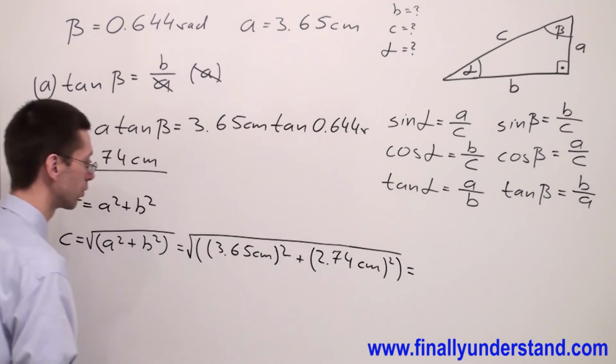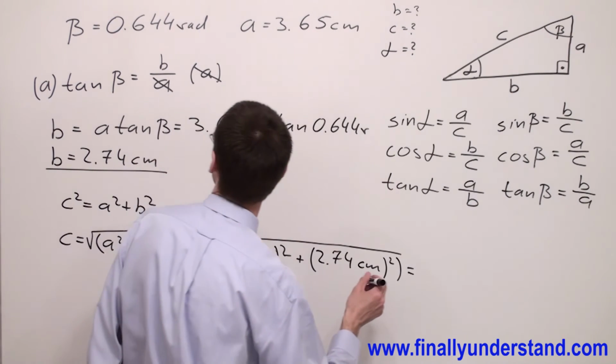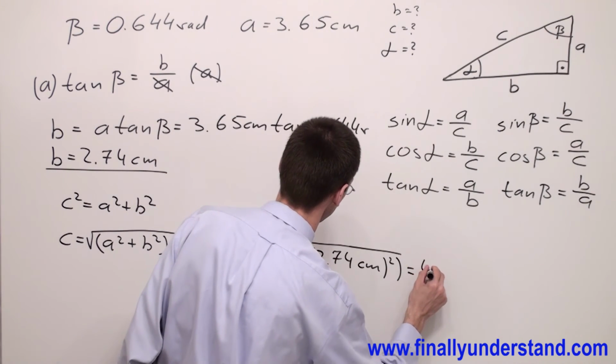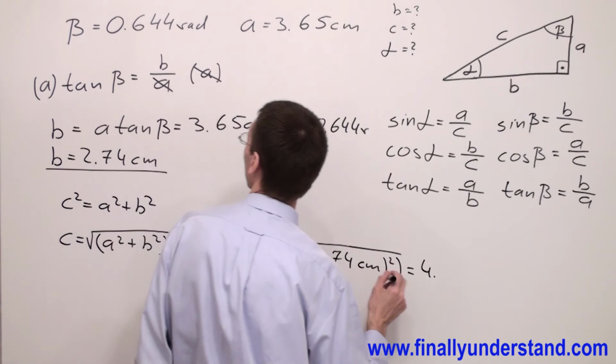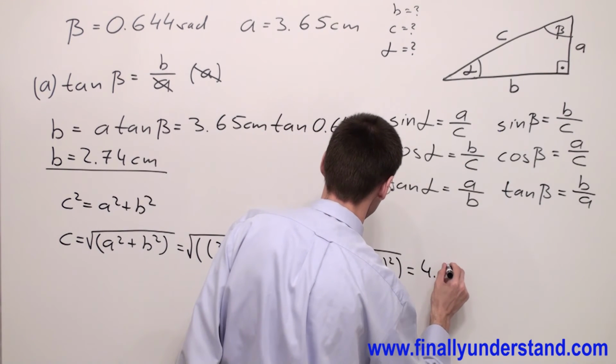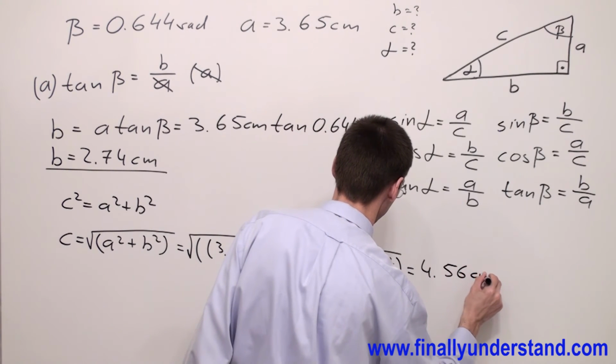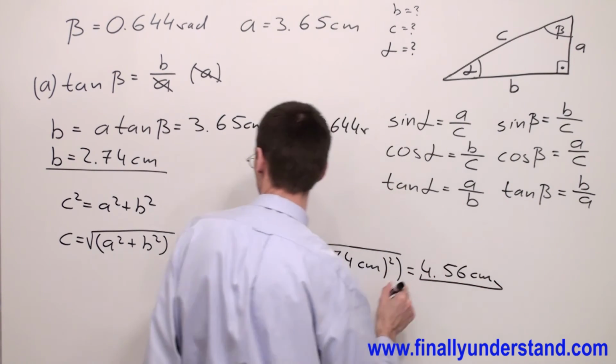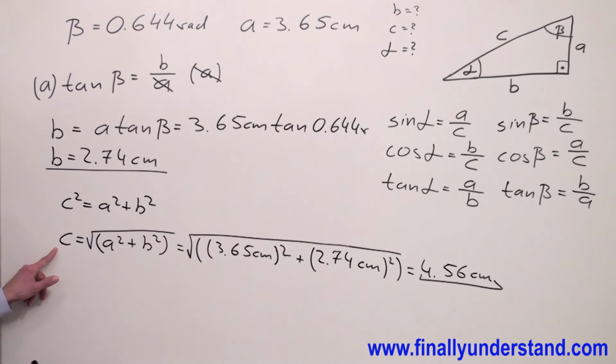Okay, use the calculator. You're supposed to get the answer 4.56 centimeters. Okay, this is the length of side C.